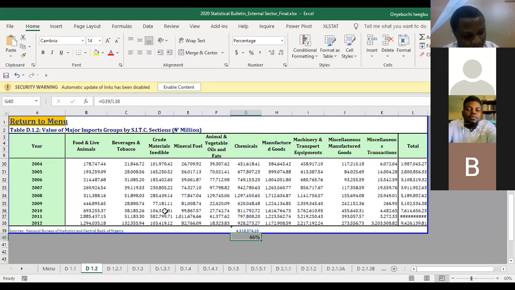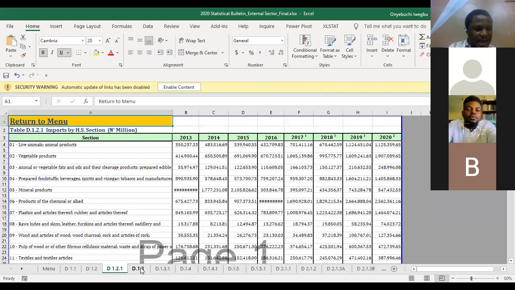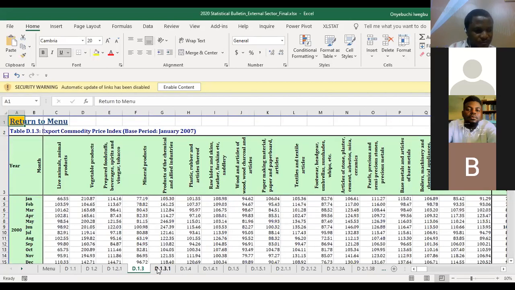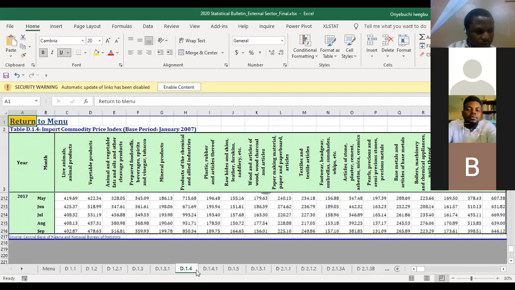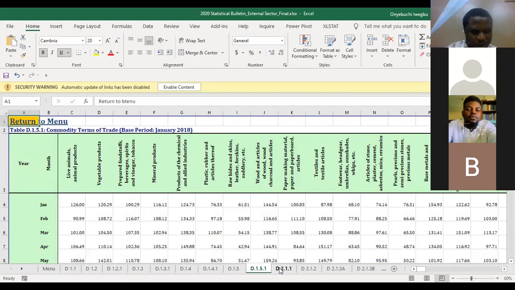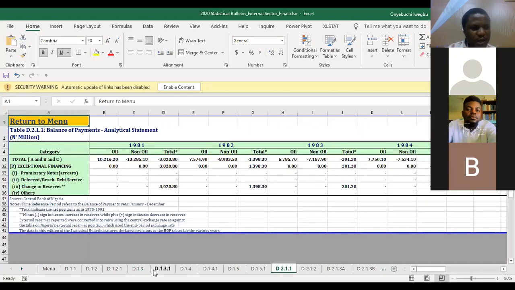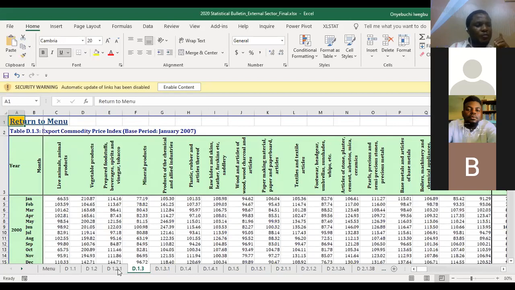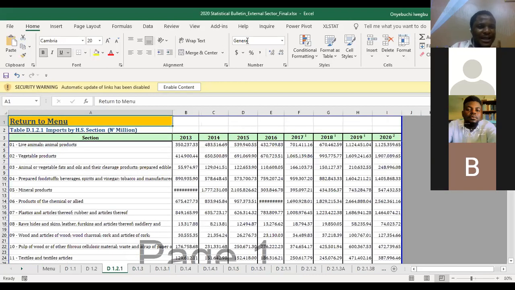And then we look at our exports. Okay, no, we don't have our exports. But that is a breakdown of our import, and that tells you what largely Nigeria is depending on.